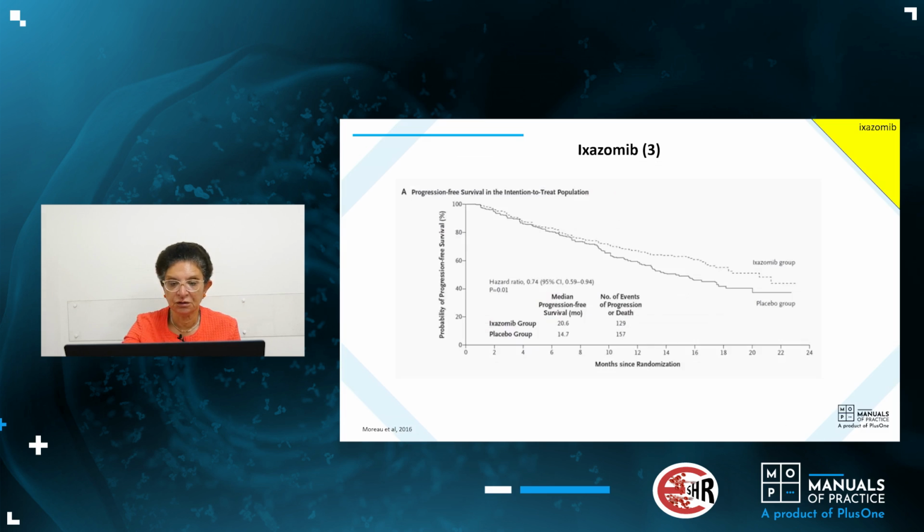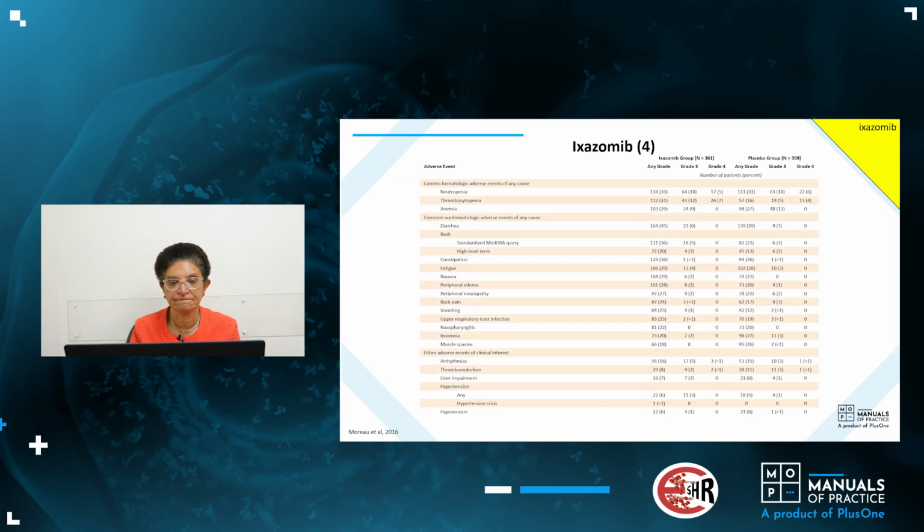And so, looking at progression-free survival, the addition of ixazomib to RD gave much, much better, longer progression-free survival than the patients that did not receive ixazomib. How about side effects? There were no high adverse events with the use of ixazomib that stopped the medication or the use of the medication in the study.